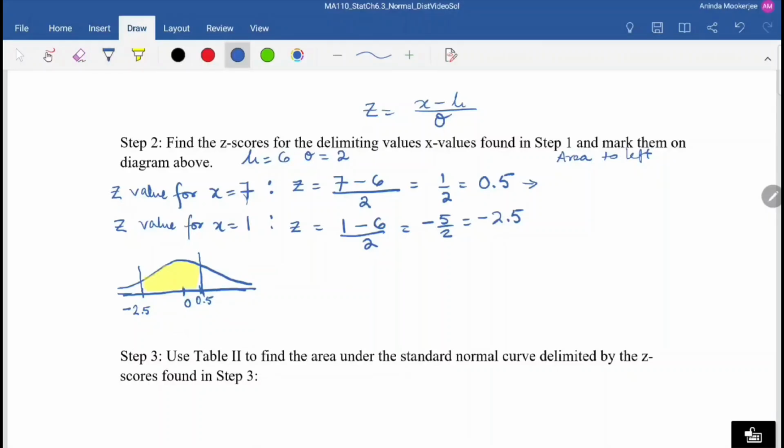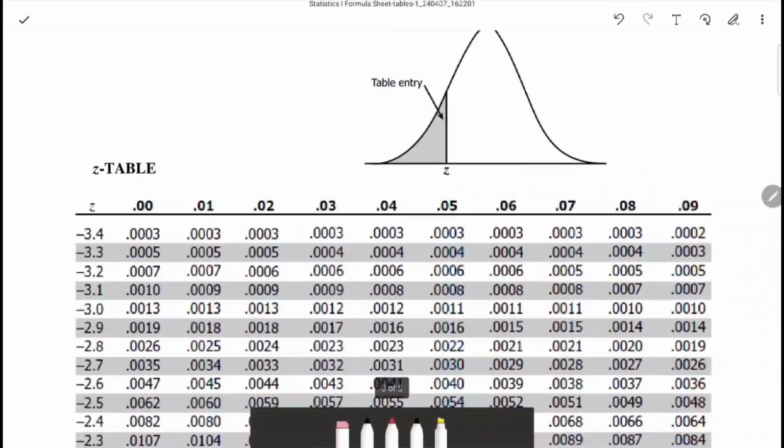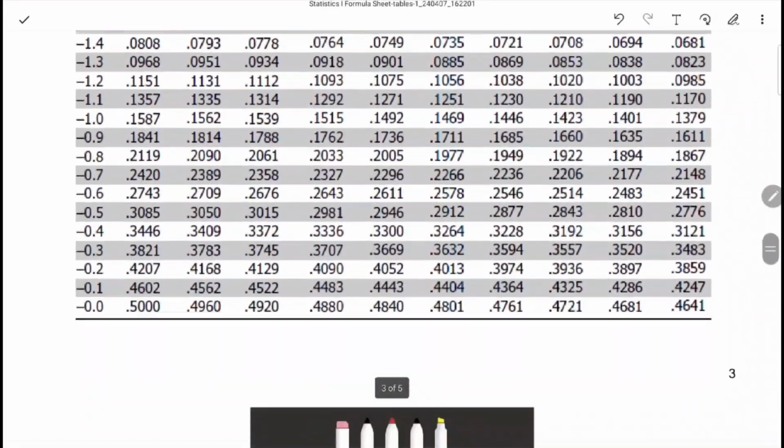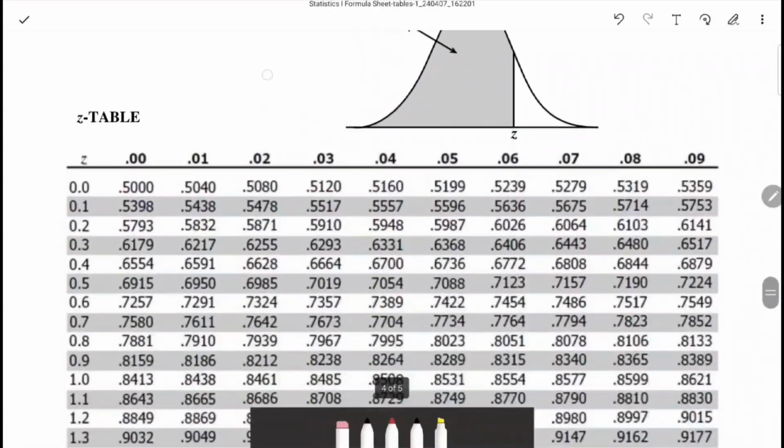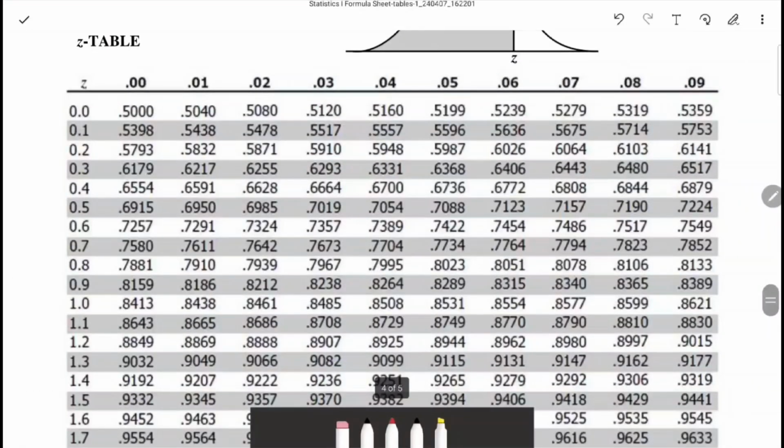Let's go back to our table. 0.5 is a positive value, so I'm going to look up the positive Z table. For 0.50, the second decimal place is 0, so this is our area, 0.6915.